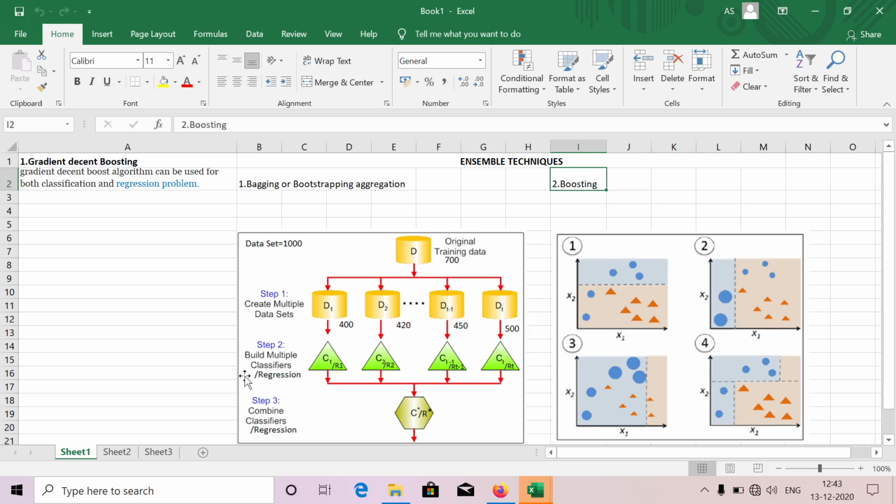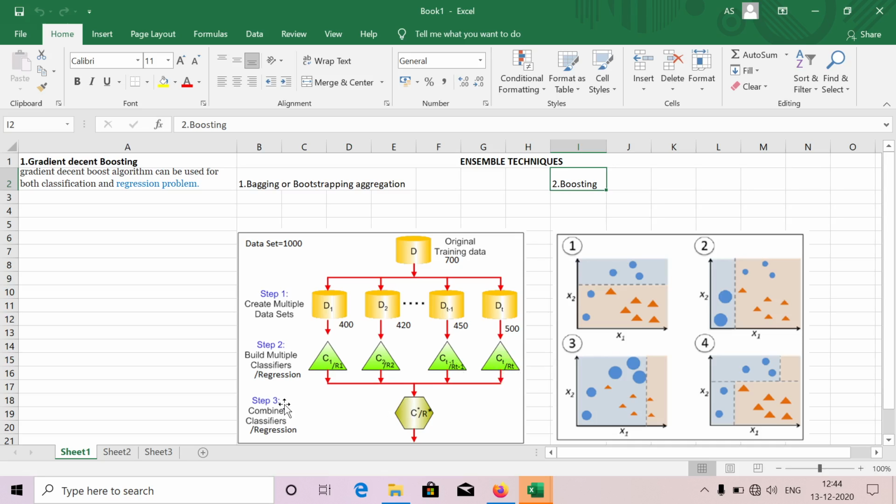In step 2, build multiple classifiers or regressors. With each data set I create a model, either classifier or regressor, based on our problem: classifier 2, regressor 2, similarly classifier t minus 1, regressor t minus 1, and classifier t, regressor t.